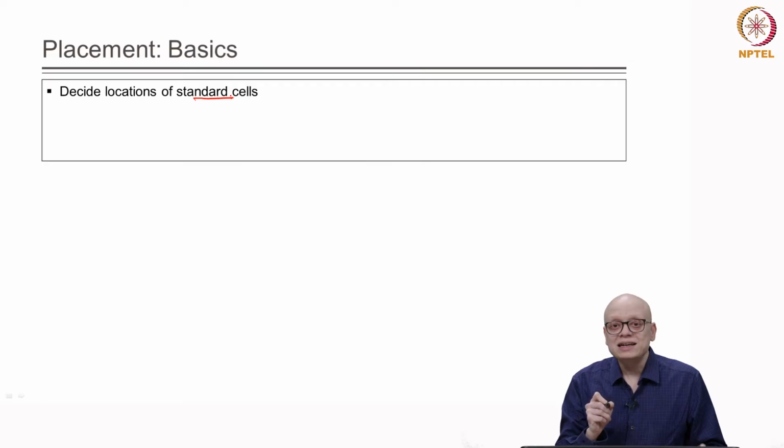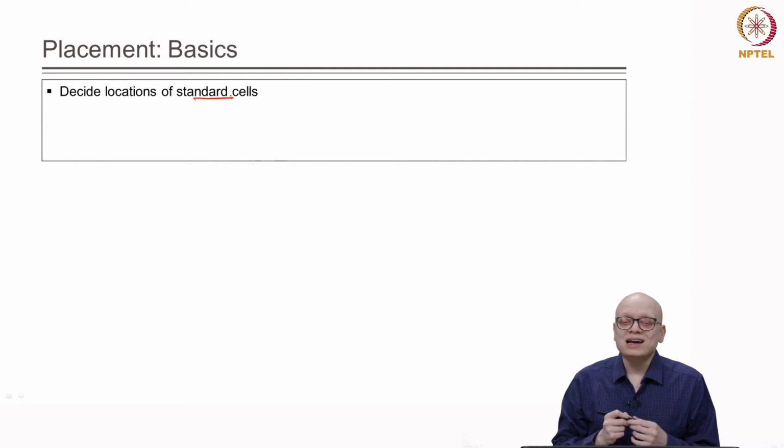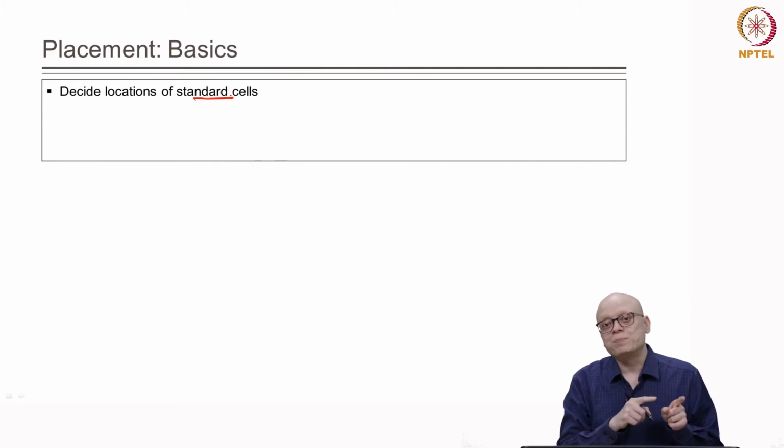Placement is basically deciding the locations of standard cells and not of larger entities. The larger entities such as the macros, or the blocks that we have created by partitioning, or the IO cells, are actually placed during the chip planning stage.